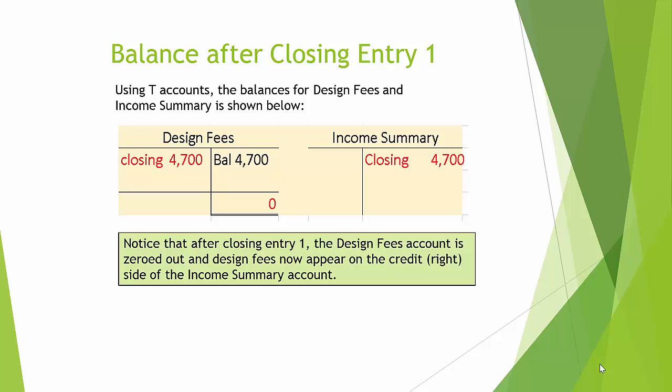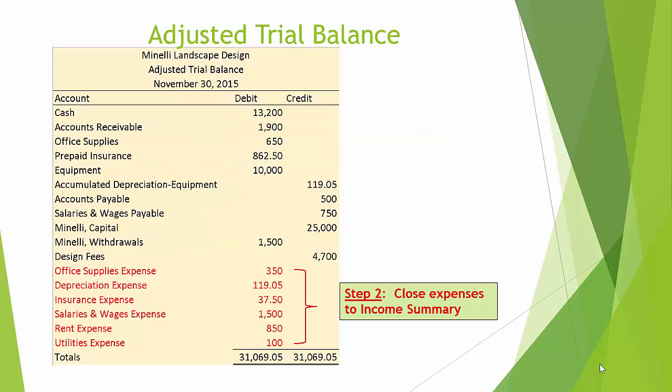Using T accounts, the balances for design fees and income summary are shown. As we can see, income summary now has a credit amount entered of 4,700, and design fees now has a 0 balance.